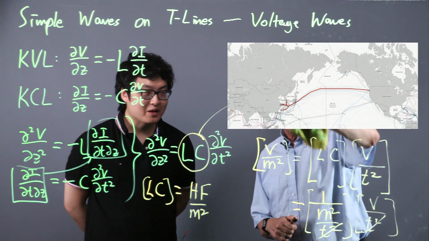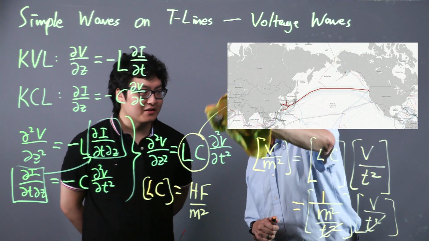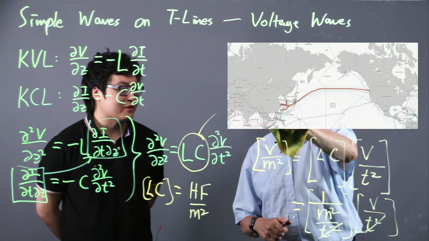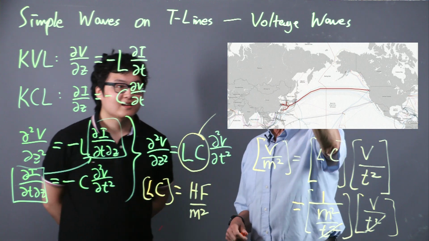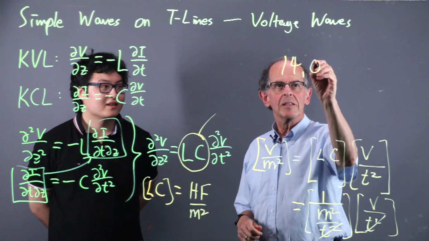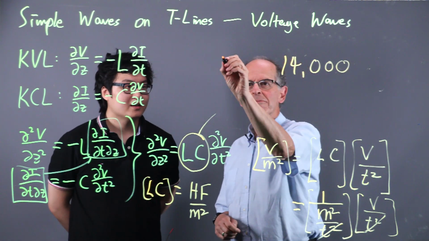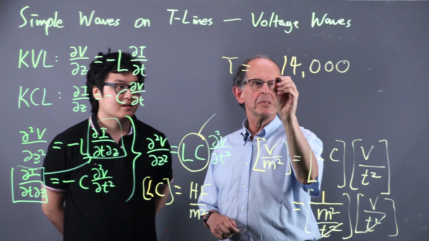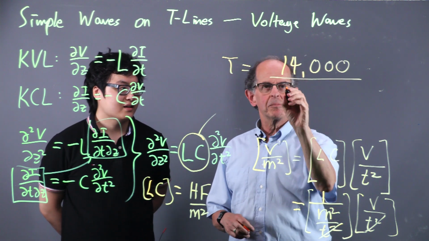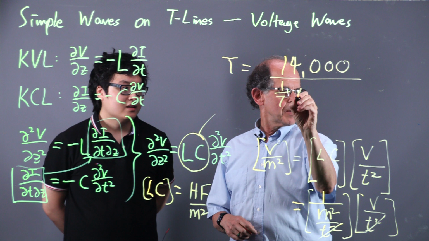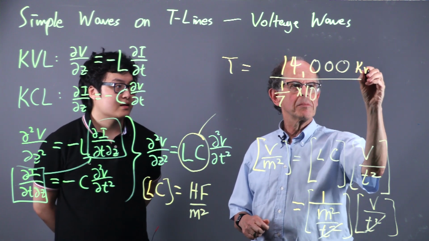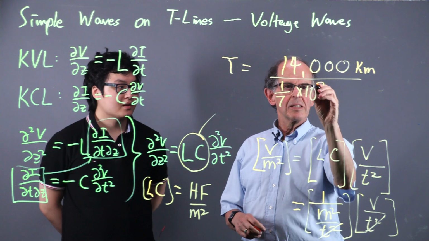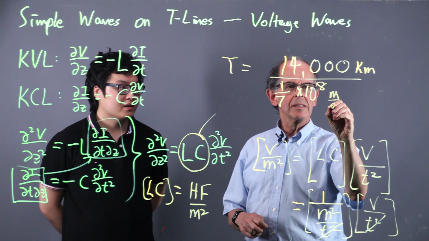So last time you said the line is 14,000 kilometers long. Yeah, so let's write that down. 14,000 kilometers. And the time for charging up the line will be 14,000 divided by the speed, 1/7 times 10 to the 8th meters per second.